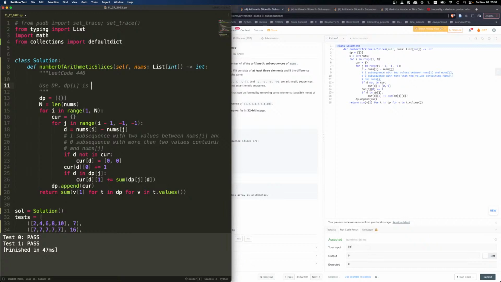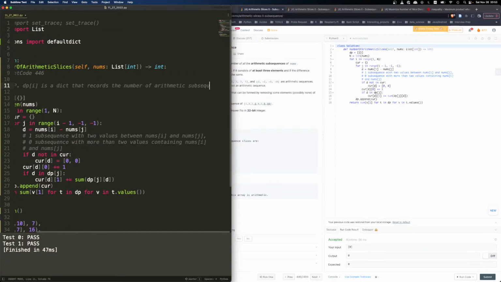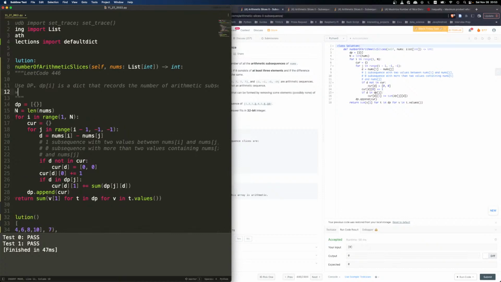DPI is a dictionary that records the number of arithmetic subsequences with difference d.